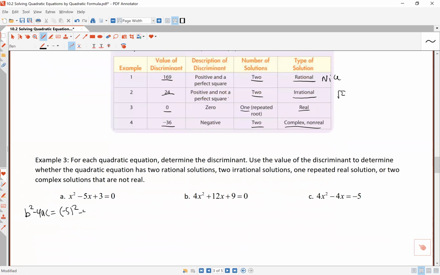Negative 5 squared minus 4 times 1 times 3 is 25 minus 12, 13. So that would go under example 2, which would give us two irrational solutions.